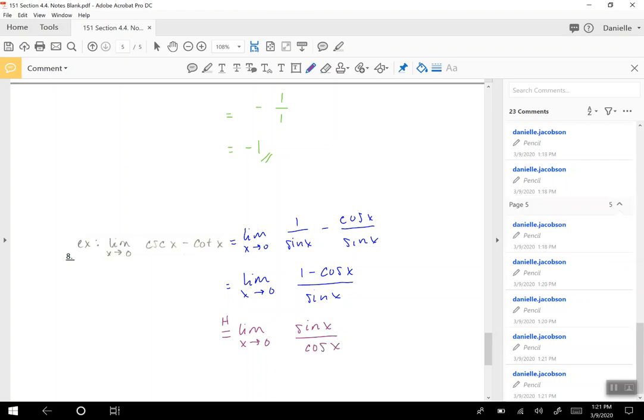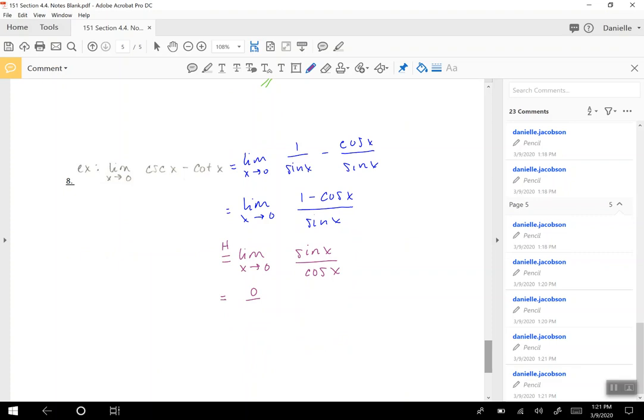All right, at this point, let's check to see if we can actually run our limit. So if we take the limit as x goes to 0 of sine, we'd get a 0 on top. And running it through cosine, we'd get a 1 on bottom, which leaves us with the defined valid answer of 0, and that would be our final answer.